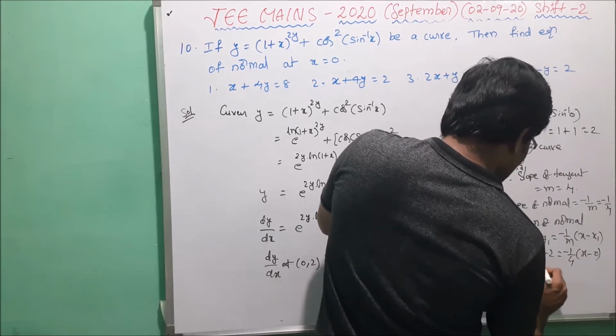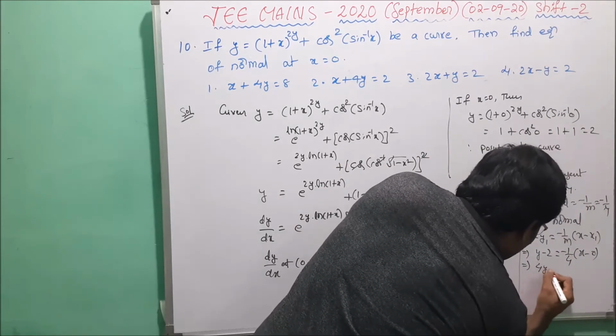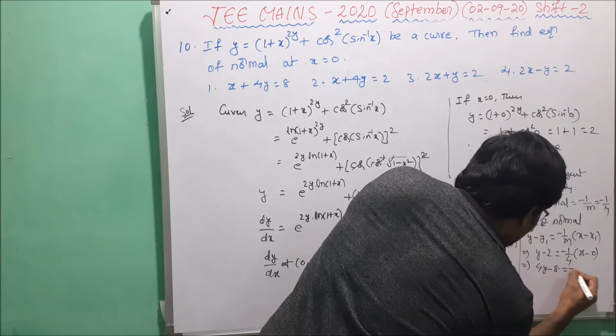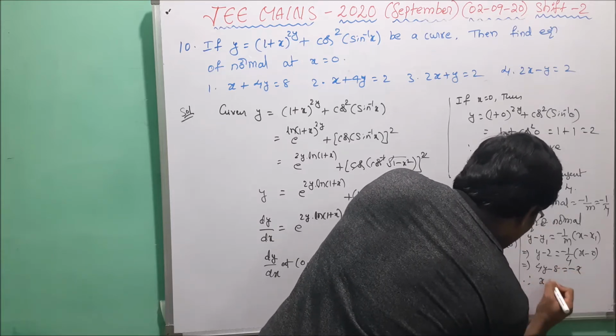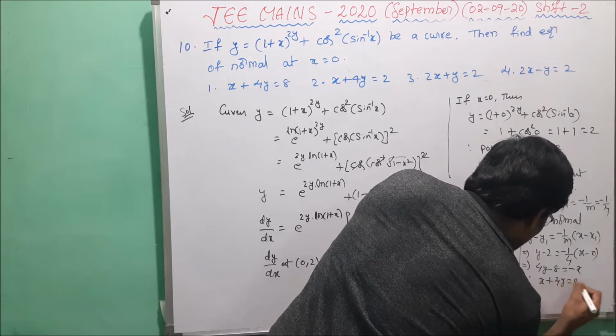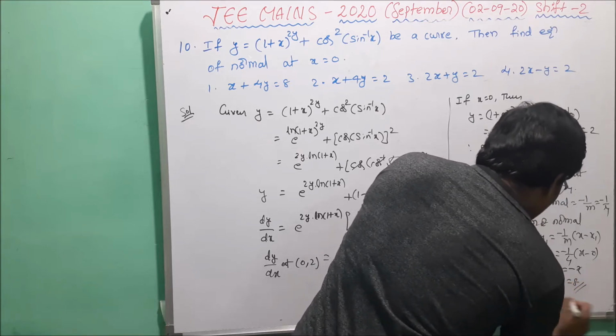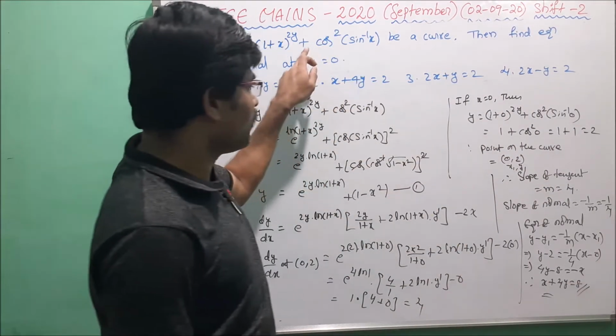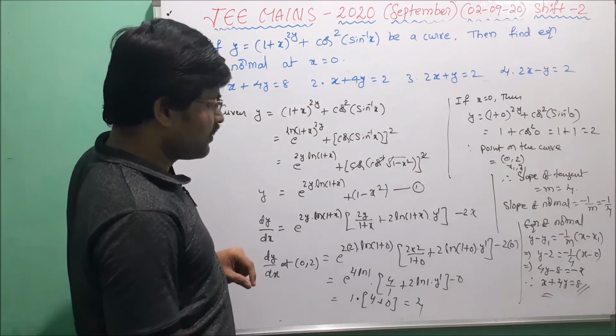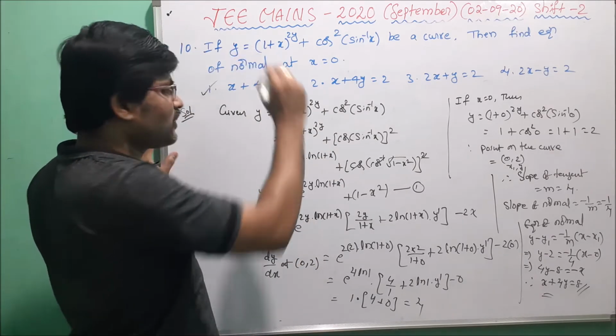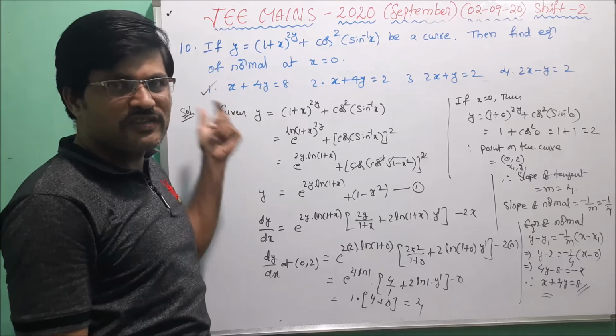Now it can be simplified: 4y minus 8 equals minus x. Therefore, x plus 4y equals 8. This is the equation of the normal to the curve at x equal to 0, which is in the options; the first option is the right answer. This is the solution for this question.